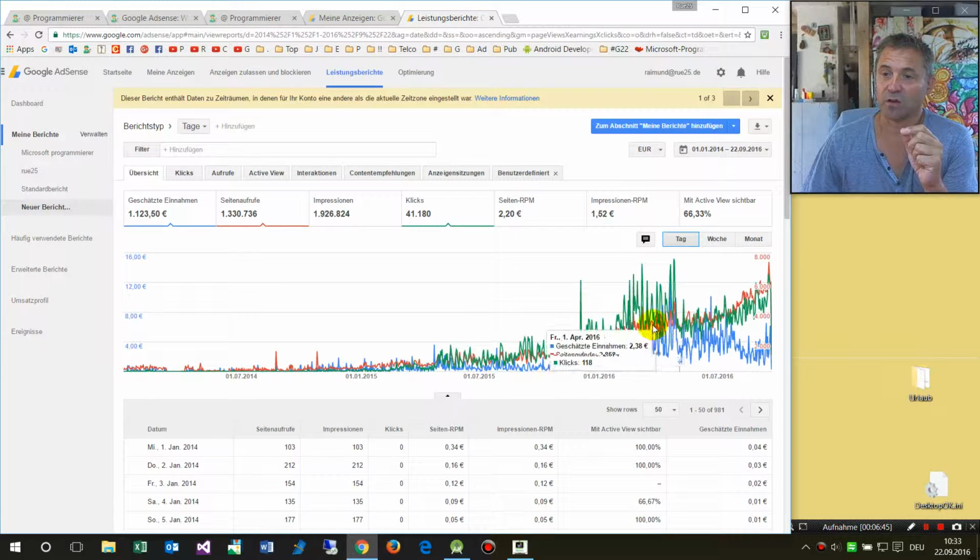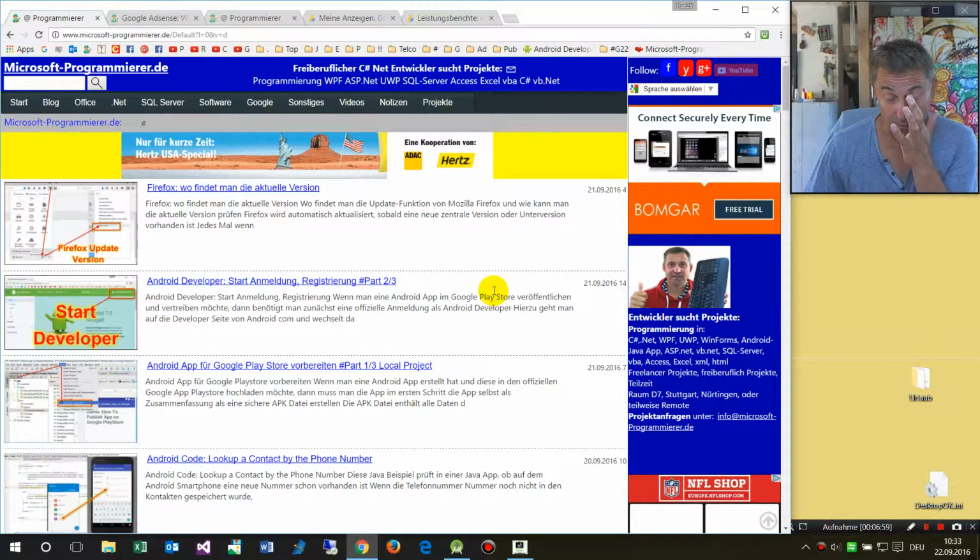So if you have a lot of page views, the red line, you will also have a lot of clicks. I didn't manipulate this, but then it dropped, and this is because those advertisements changed to text.